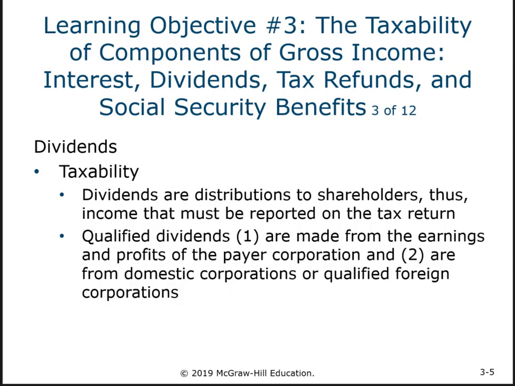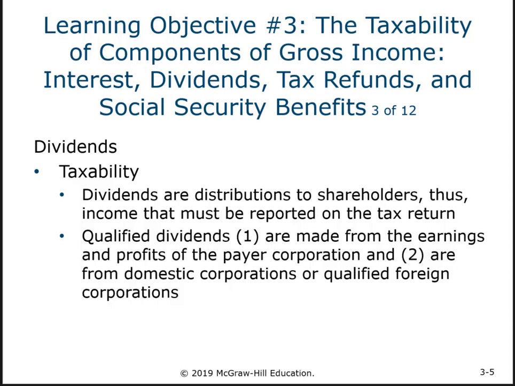Now, this is a situation where it's always included. Dividends are always included in our gross income. So if the question is how much is gross income, we should include the dividends. But there is a classification of dividends which are called qualified dividends.